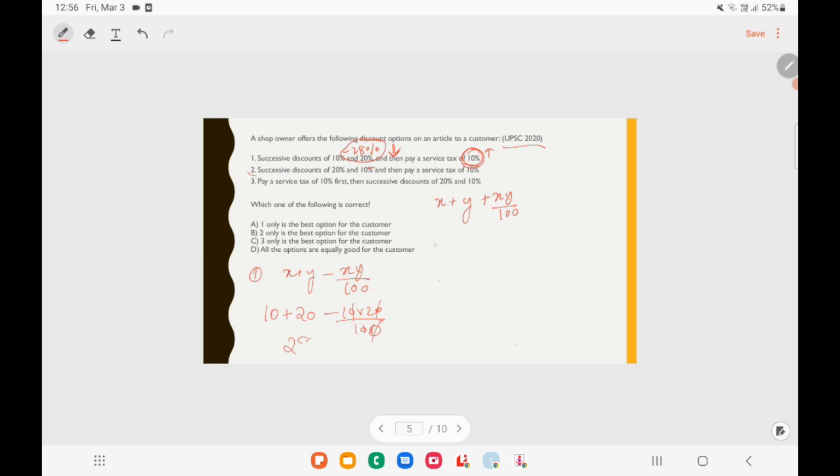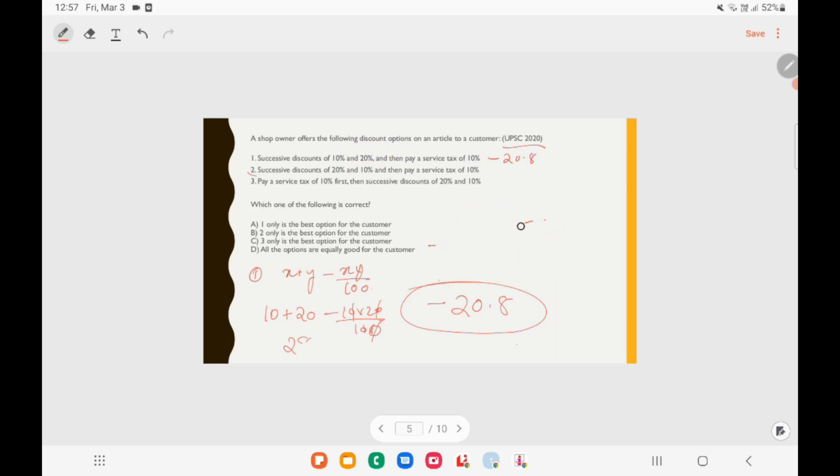So X is 28, which is minus 28, Y is 10. So minus 28 into 10 by 100. So you will get here minus 2.8. So minus 28 plus 10 is minus 18. Minus 18 minus 2.8 is minus 20.8. So here in the first case, the total effective percentage is minus 20.8.